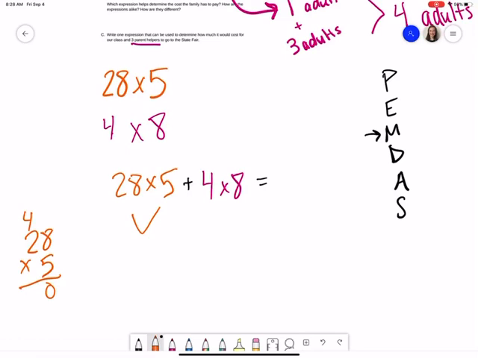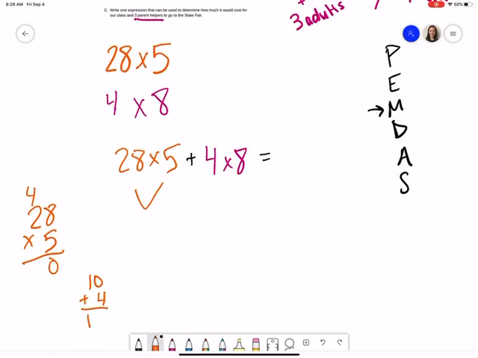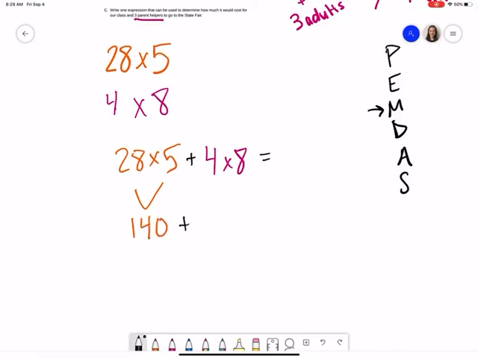Okay, so we got 10 plus the 4 that's on top, which is 14. So we got 14. 140 is our answer. Okay, so 140 plus 4 times 8 is 32.